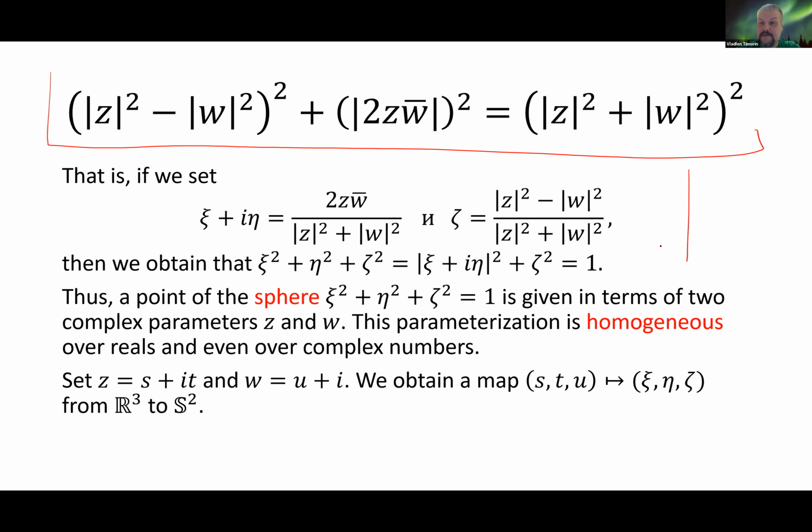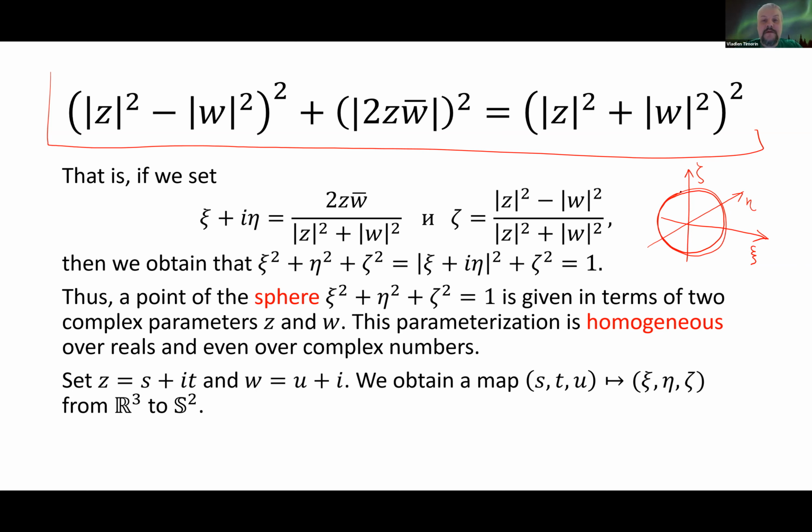So let me draw a picture. Imagine a three-space with coordinates psi, eta, and zeta, and a sphere in this three-space given by the equation that the sum of squares of all coordinates equals 1.